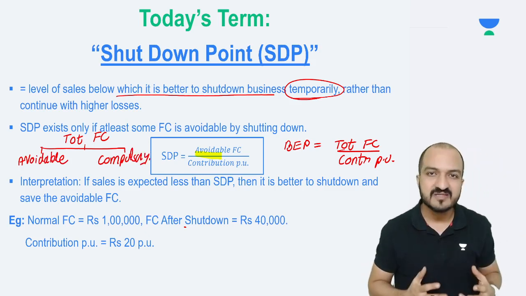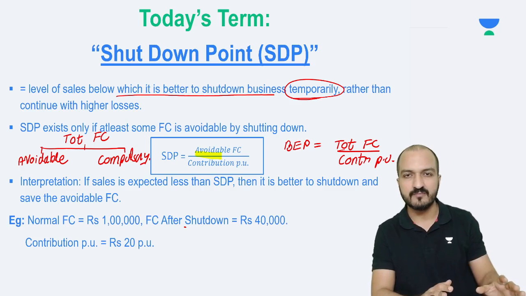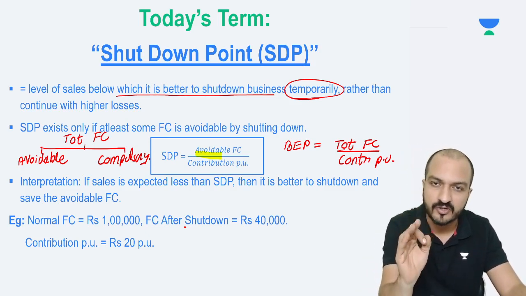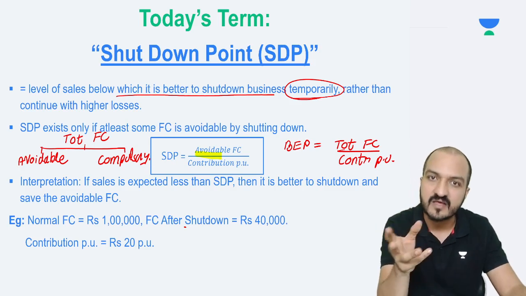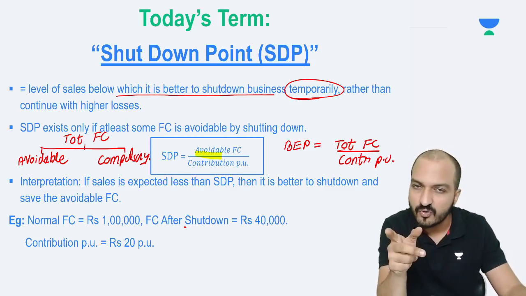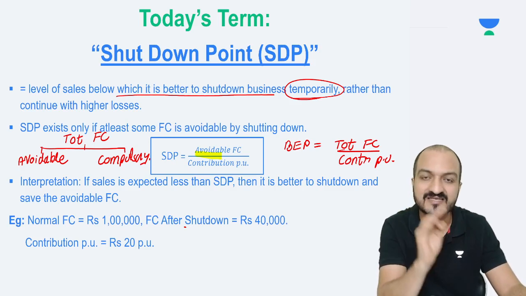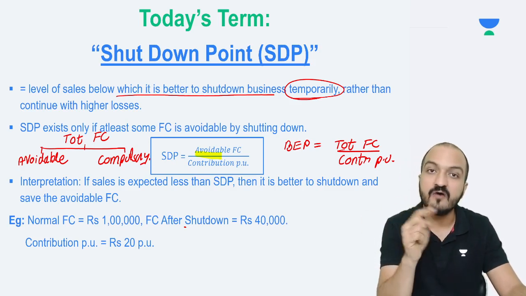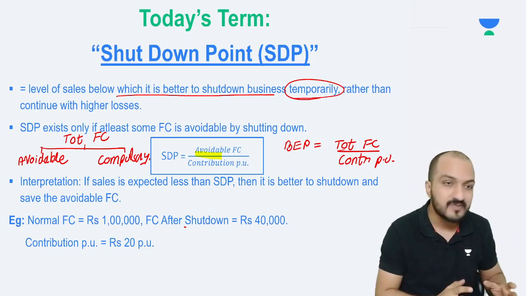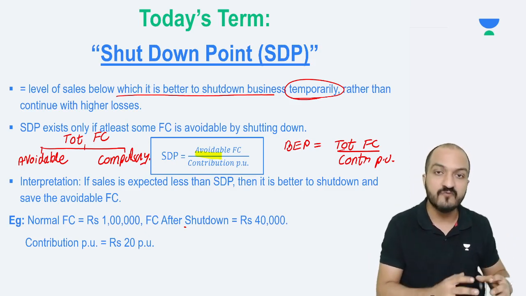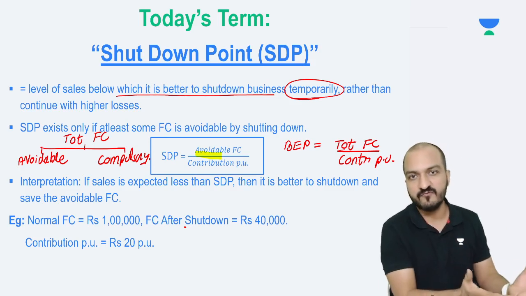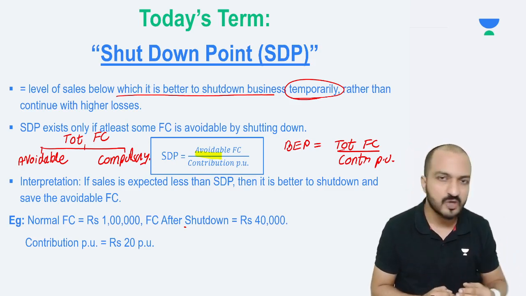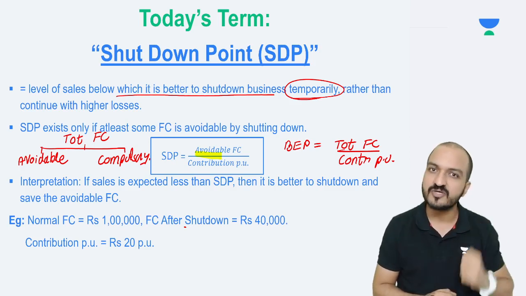Compulsory fixed cost anyways you are going to incur, whether you shut down or whether you continue. It is not relevant to your decision. What is relevant is the avoidable fixed cost. You continue business only if you are able to recover at least the avoidable fixed cost. If you are able to recover it, then you continue, otherwise you shut down.